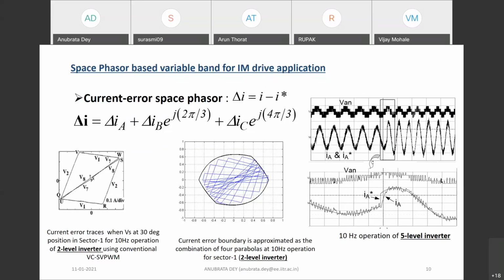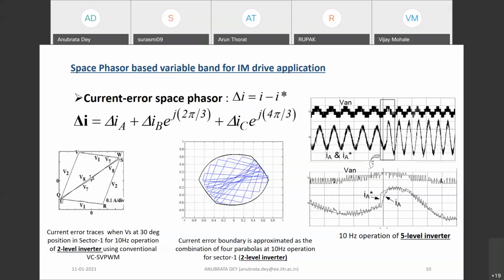In that plane, the current error delta I is the difference between the actual current and the reference current. Now, if you try to solve those current error issues that have already been reported in some of the papers, the very uniqueness of this paper is that it is able to maintain the switching frequency, which none of the previous current controllers was able to control emphatically.